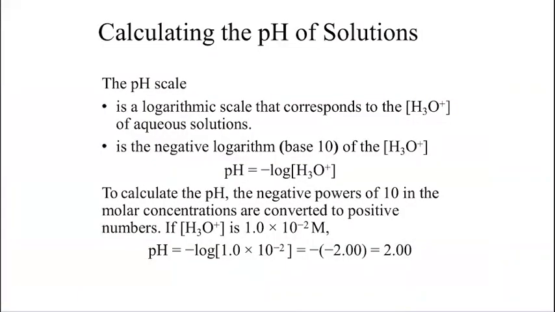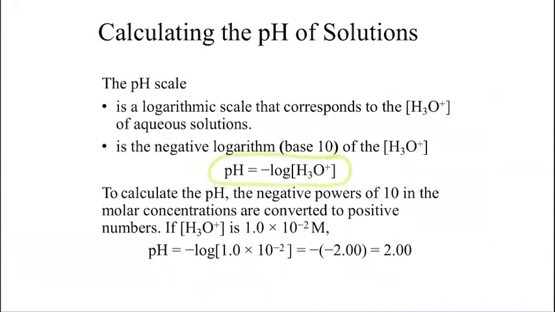So now let's actually go through calculations for pH. When we are calculating pH, we need to understand that pH is defined by the following equation: pH equals the negative log, and that log is base 10, of the concentration of hydronium.